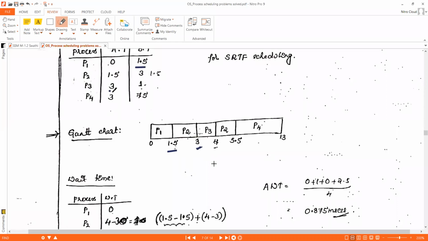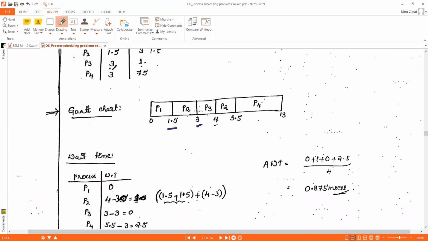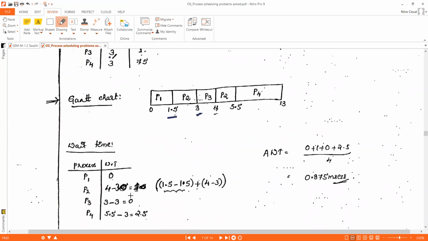So the waiting time is the sum of allotted time minus arrival time plus next allotted time minus previous preempted time. That is 1.5 minus 1.5, which is 0, plus 4 minus 3, which is 1. 1 millisecond is the waiting time for process 2.